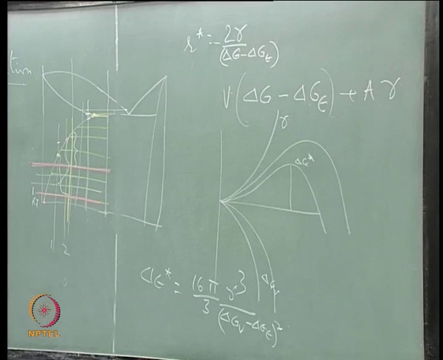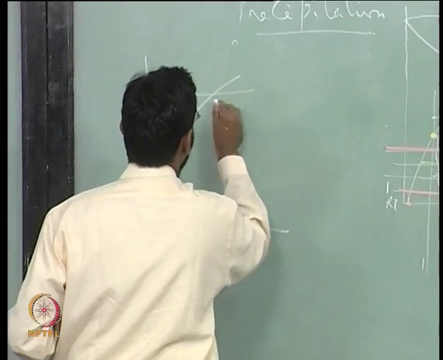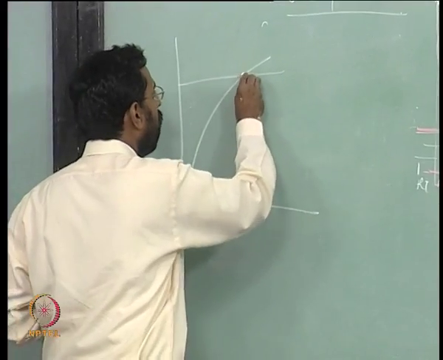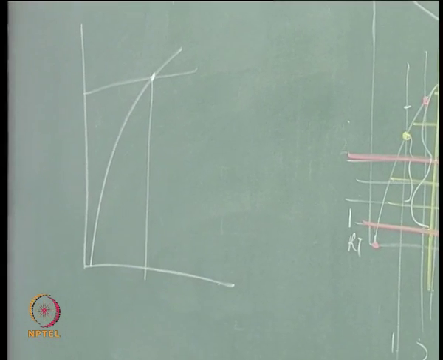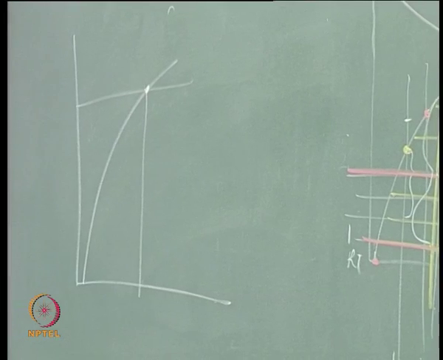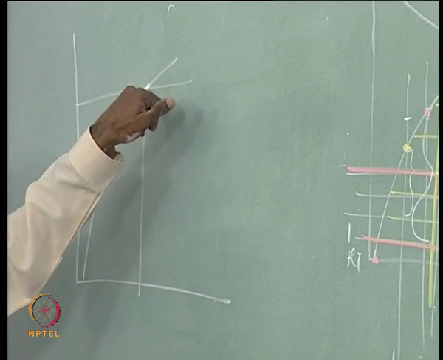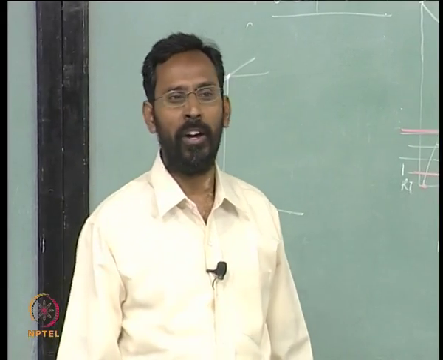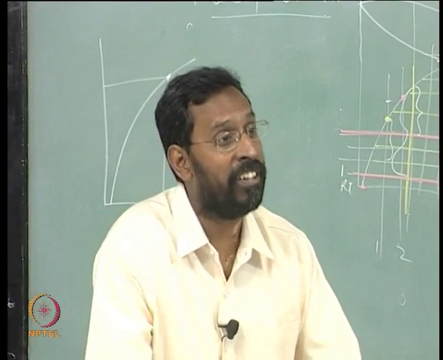And because of that, in principle, if I take an alloy of this composition, this is the actual transformation temperature for that particular composition, which is what we call the solvus line. This is assuming there is no strain energy term. All phase diagrams when we draw, we do not consider any strain energy term, we do not even consider the surface energy term.